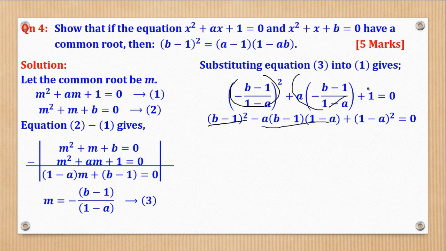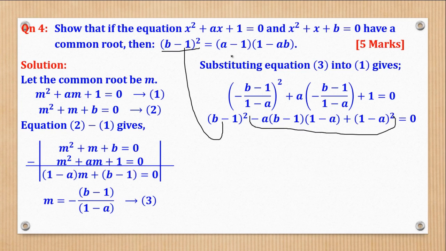Then 1 minus a squared times 1 gives you that. Then 1 minus a squared times 0 gives you that. Now, I think you realize that I've got some b minus 1 somewhere. So I have to work on this other one to look for a way of getting this.